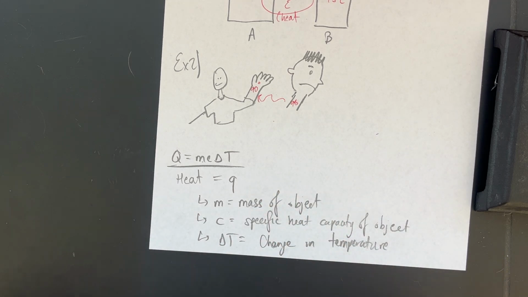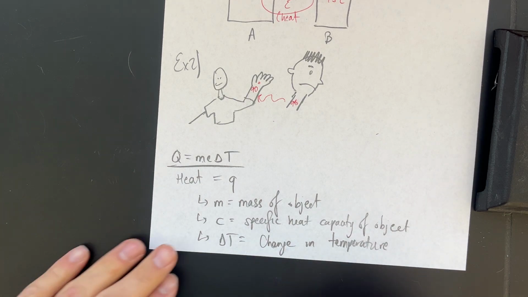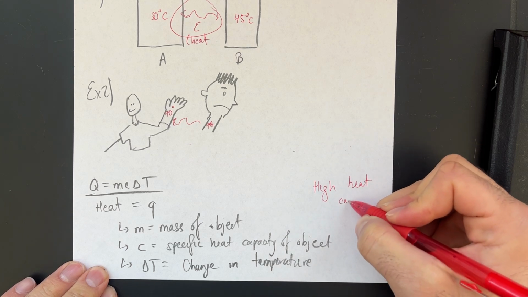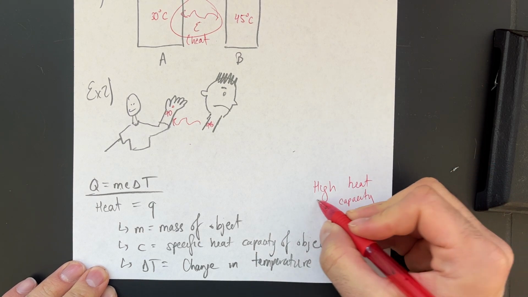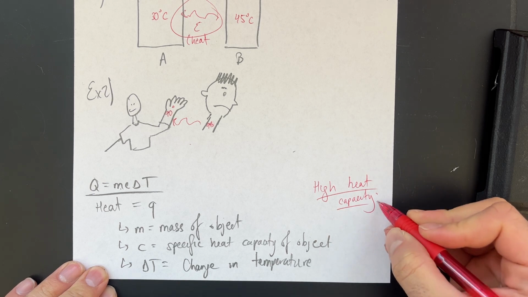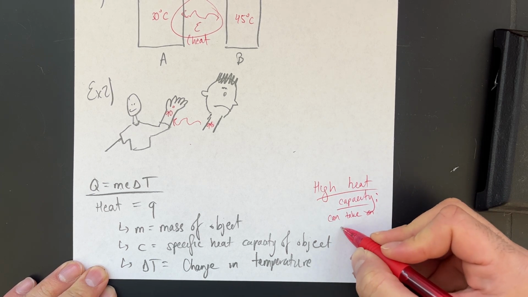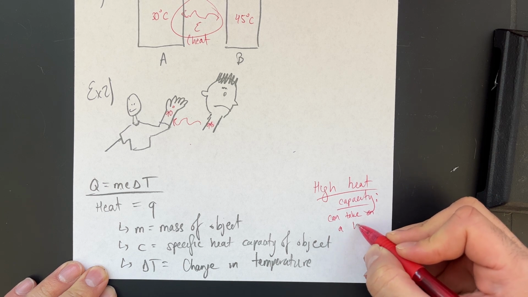I call specific heat the tolerance of an object to getting heat to it. And so basically, if something has a very high heat capacity, that means that it can take on a lot of heat without its temperature changing.